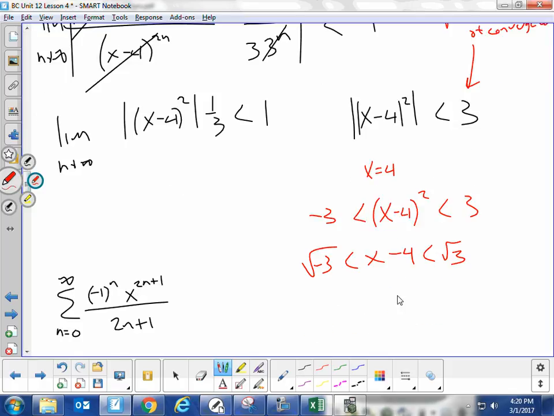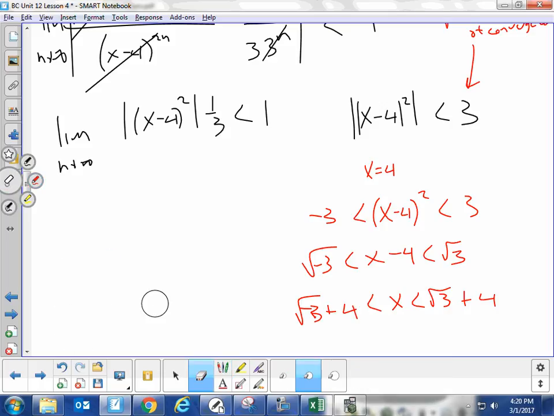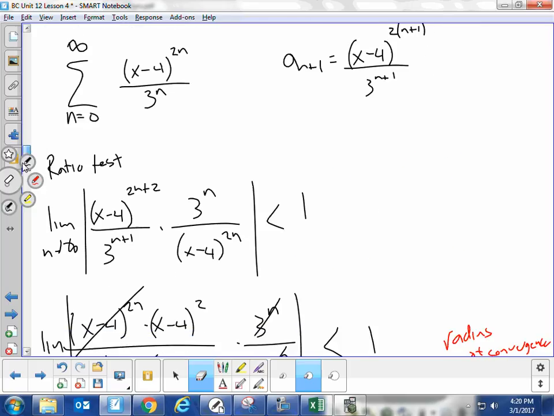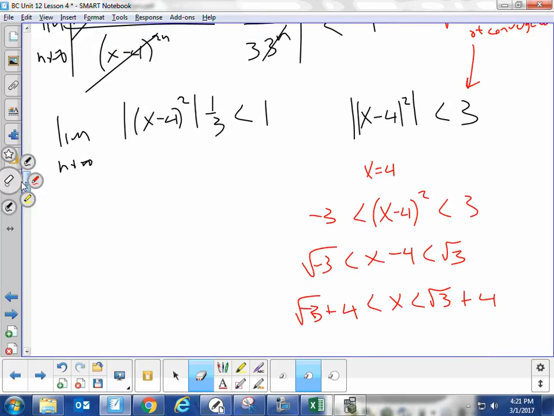I don't love this, but we're going to have to deal with it. That would be my interval of convergence right there. Okay, this would be the interval of absolute convergence, and we're going to have to check to see if we would converge at the endpoints.